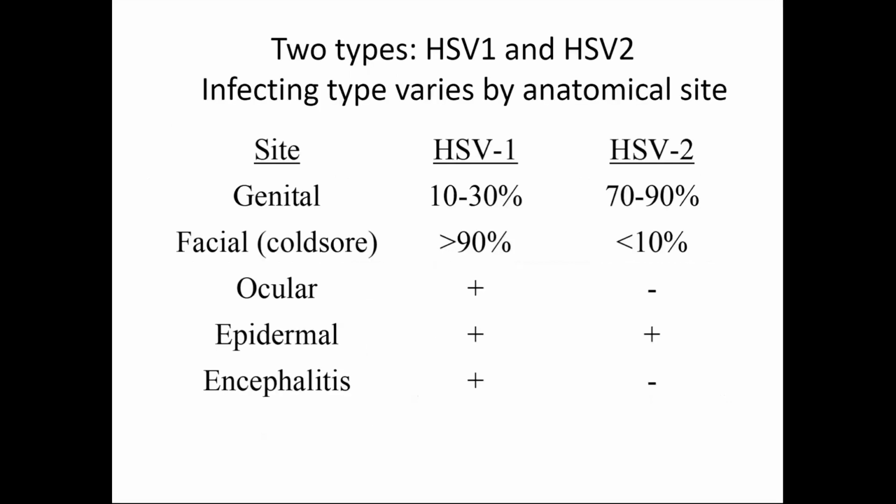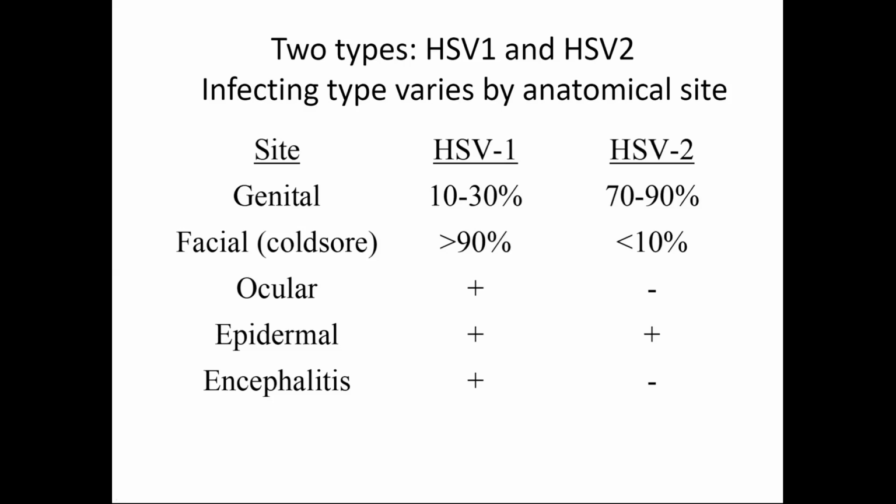Summary: there are 2 types of herpes simplex virus. They are cleverly called HSV-1 and HSV-2, and the infecting type varies by anatomical site. Of genital herpes, somewhere between 70 and 90% is caused by HSV-2, but up to 30% is caused by HSV-1, and there are some increasing trends we'll talk about in another couple of slides.